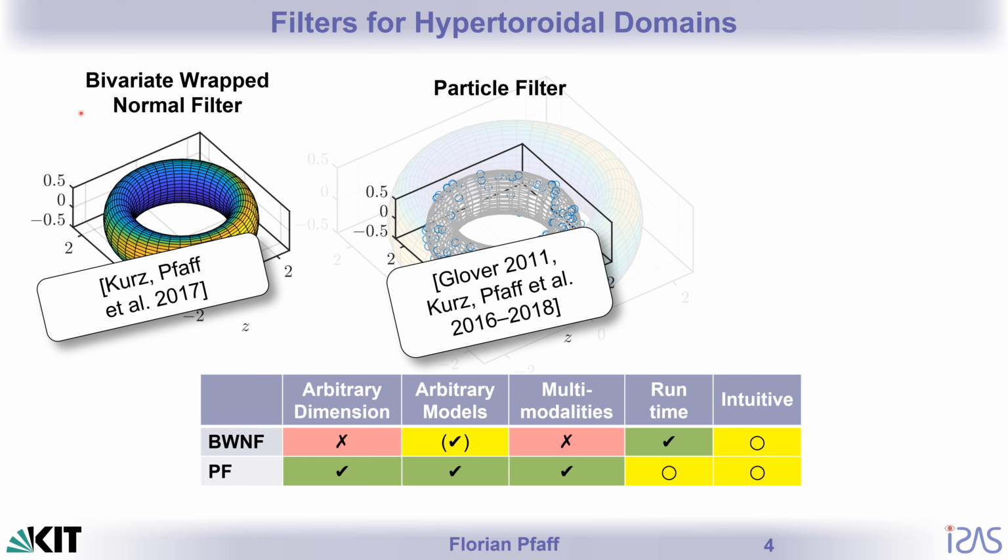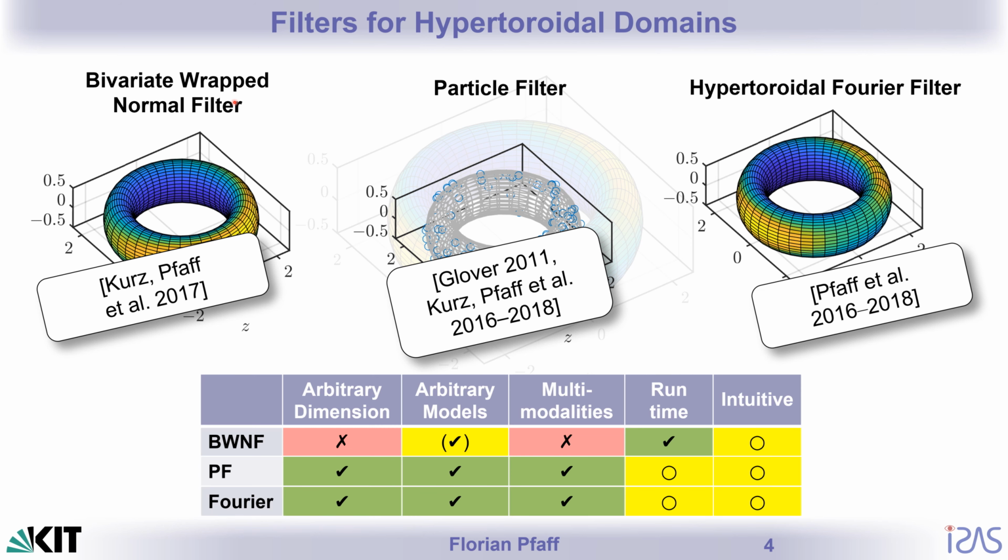It supports arbitrary models, and multimodalities are no problem. As you can see here, we have some particles there, some particles there at the other mode. But its runtime actually works pretty well for low runtimes, but if you want a high accuracy, it converges really, really slowly. I would say it's also not perfectly intuitive.